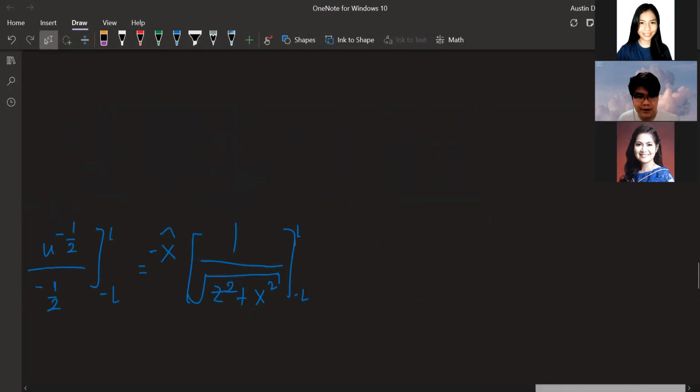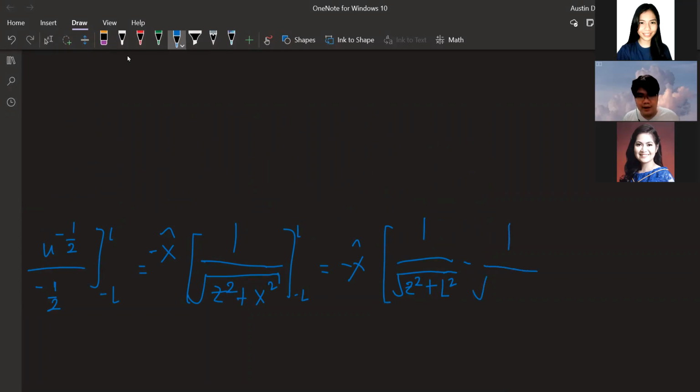Okay, and this is very simple kasi pag ginawa mo yun, mapapansin mo that this is just 1 over square root ng z squared plus L squared, tama, minus. Evaluate mo naman, in-evaluate natin sa L, tapos yung susunod na term will be evaluated to negative L. So ito ay negative L squared.